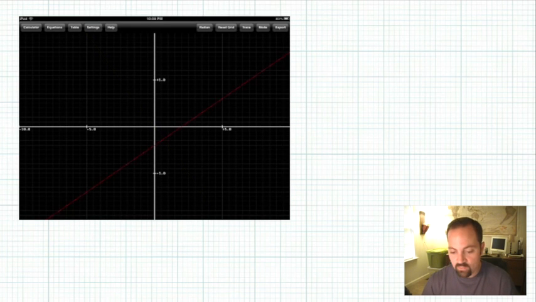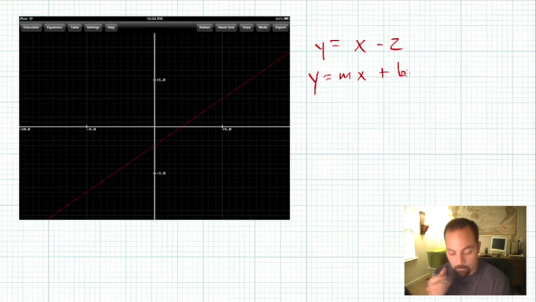We can also have direct relationships with shifted y-intercepts as well. In this case right here, y equals x minus 2. Again, think back to math. Our equation for the slope of a line is y equals mx plus b. So what's the slope of this line right here?